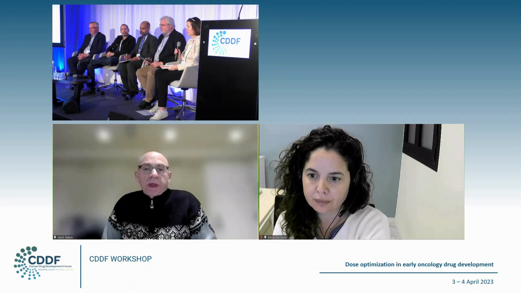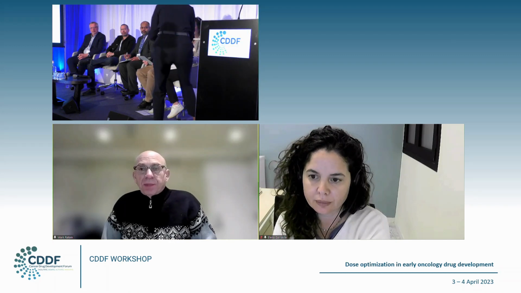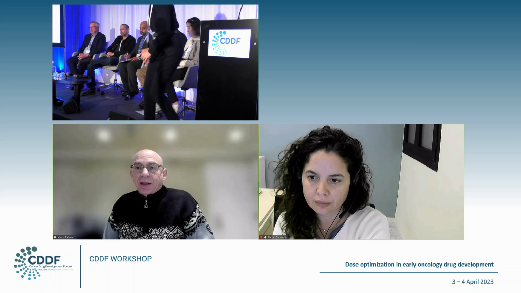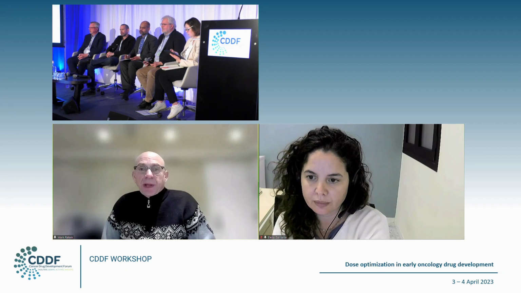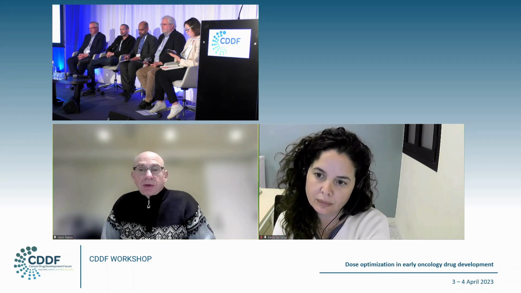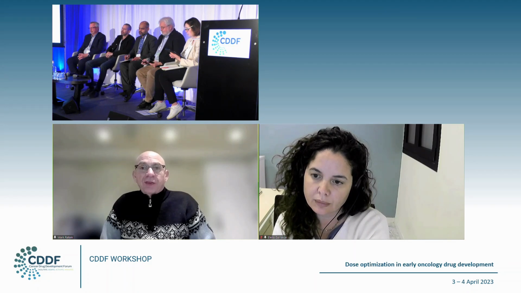What we have written about, and what the US Senate has written about, relates to post-marketing dose optimization studies. The reason that the US government and other payers, and I would add that the UK NHS is also interested in this strategy, is that if one does a randomized trial where half the patients receive a significantly lower dose, the savings on the drug from 50% of the patients more than covers the cost of actually running the trial.